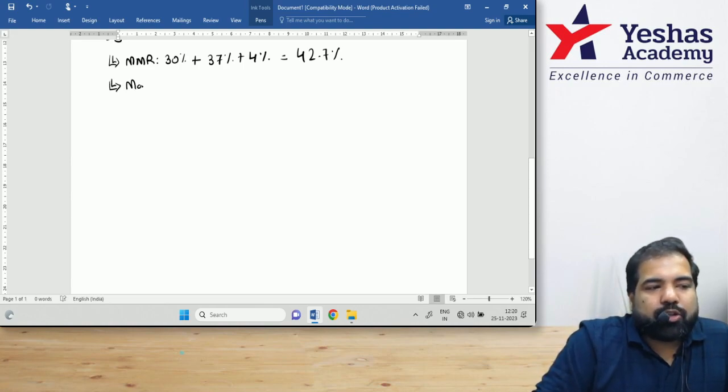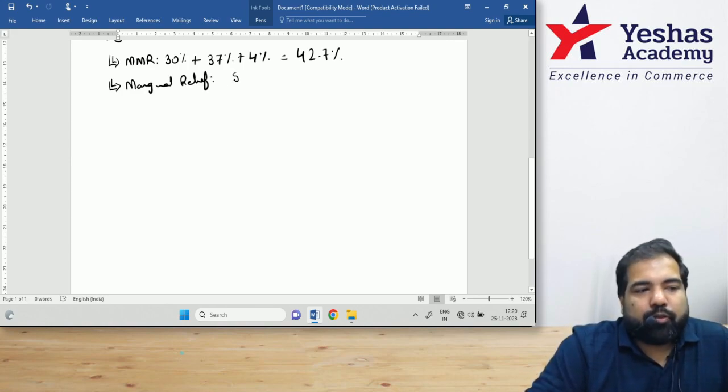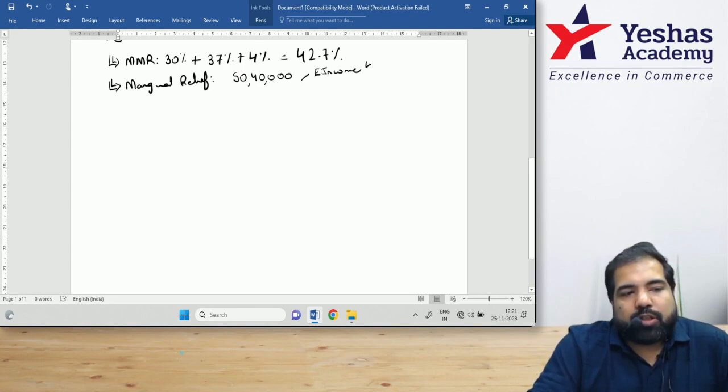Next, guys, marginal relief. Sometimes because of surcharge, if my income is 50 lakh 40,000, will there be surcharge? Because of surcharge, my extra income, which is 40,000, is less than my extra tax, for example 65,000.